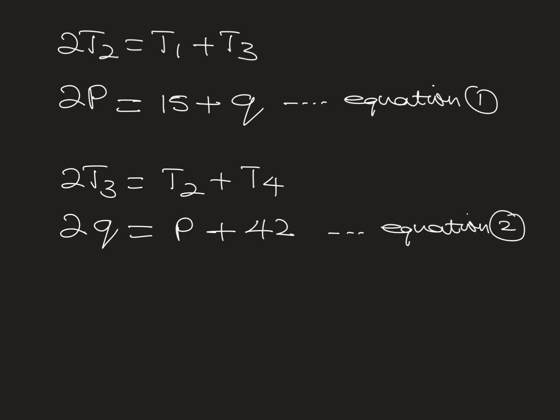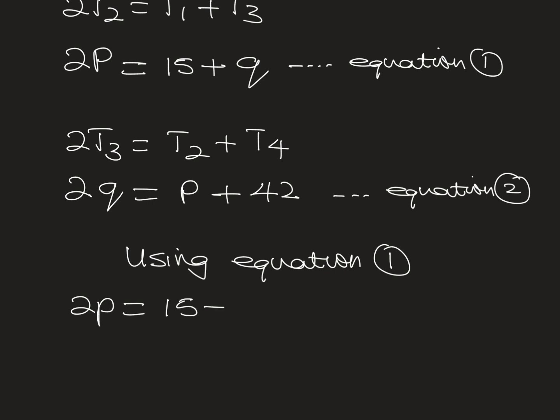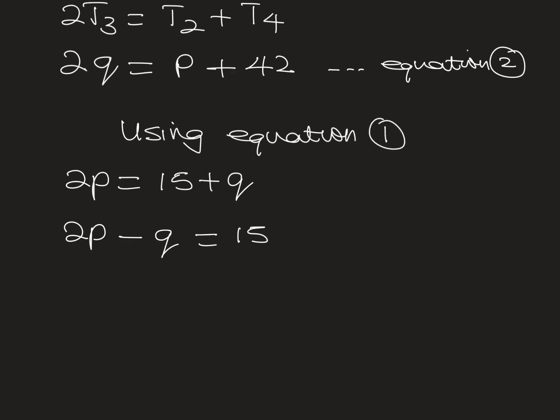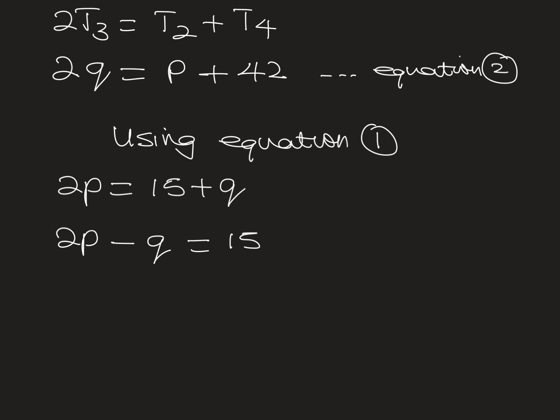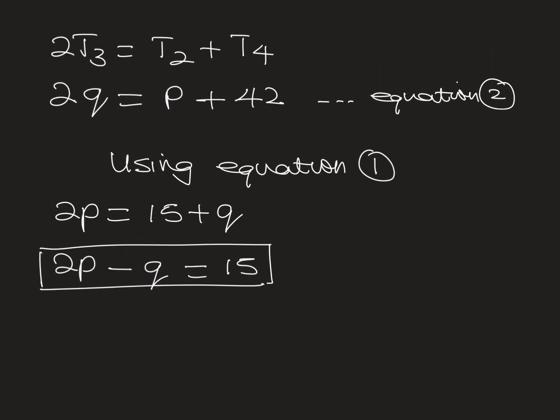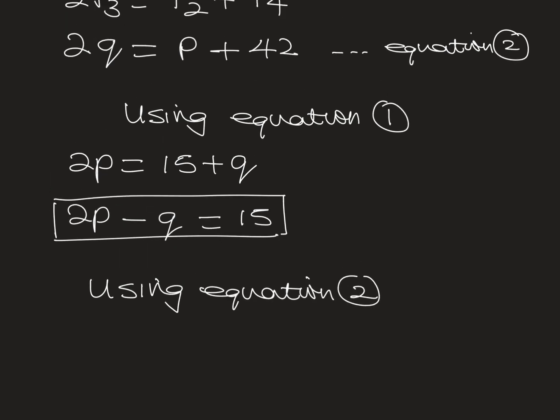Is that clear? So using equation 1, equation 1 is 2P is equal to 15 plus Q. We can say 2P minus Q is equal to 15, right? Okay, so we can keep this, and using equation 2, what is equation 2?